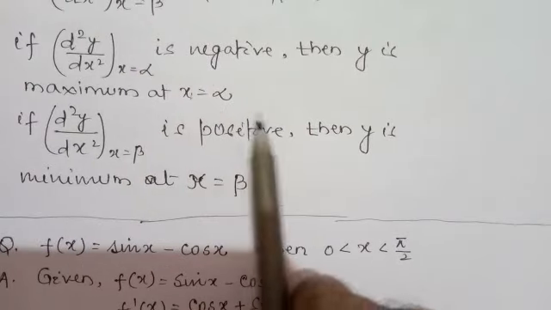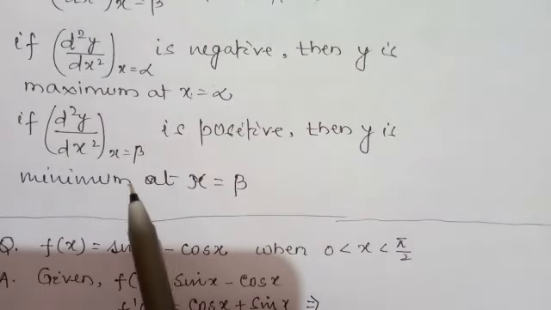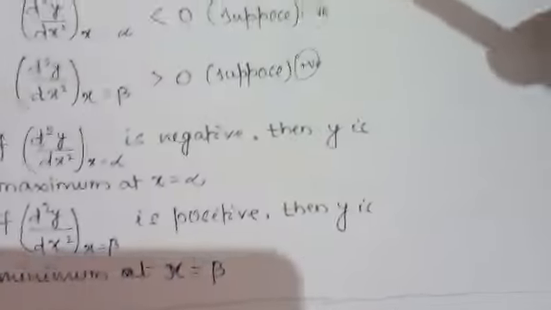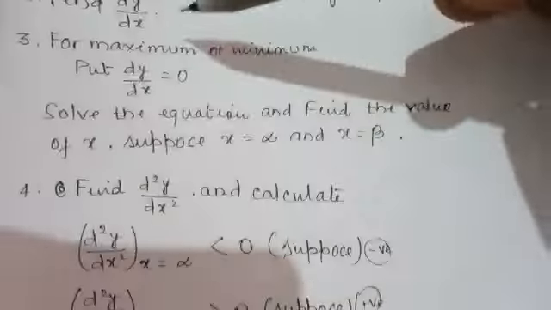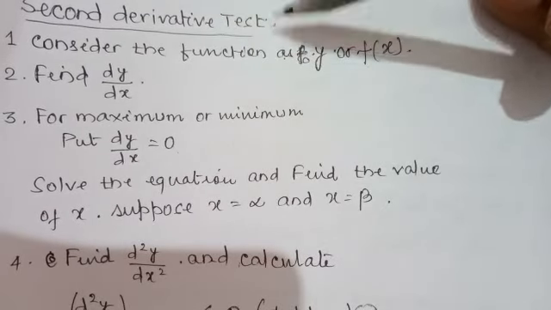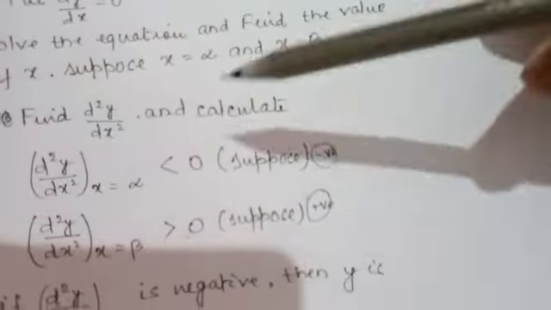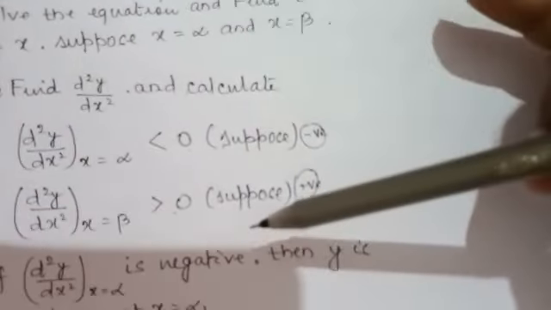In the positive case, y is minimum at x equal to alpha. So these are the computational steps which we apply in the second derivative test. I think this is a much simpler way for you, so we will follow that method.